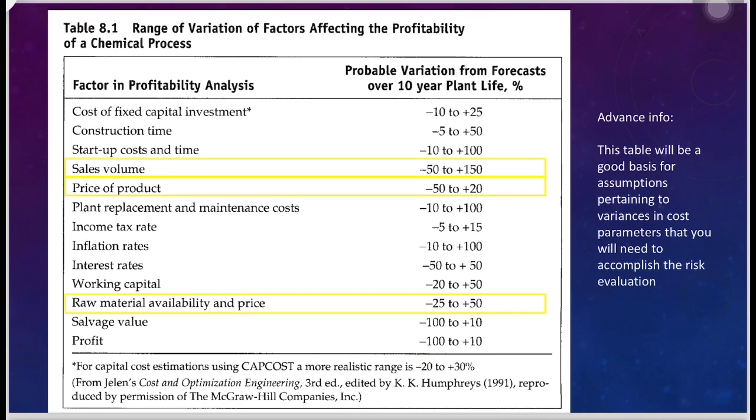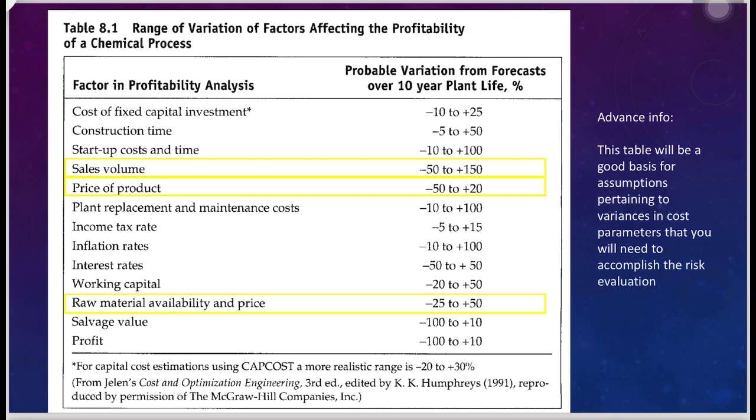As you can see here, this is a table of variation of factors affecting profitability in a chemical process. You have cost of fixed capital investment, construction time, the startup costs and time. You have the sales volume, price of product, etc. You also have the interest rates, inflation rates, the raw material availability and price.